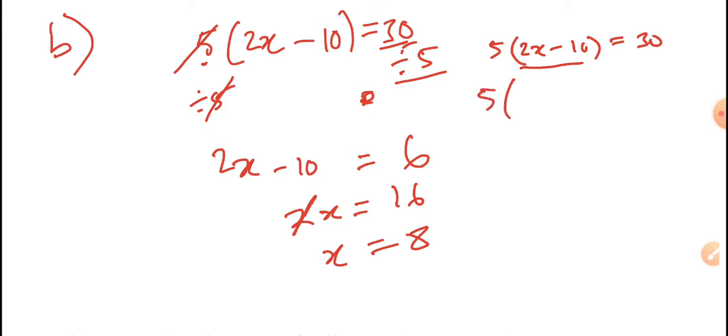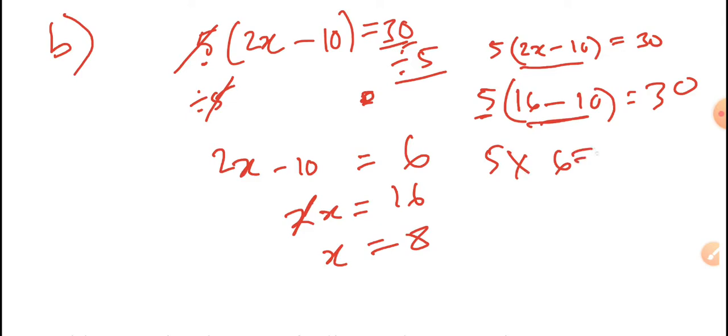So 5 times, with x as 8, 2 times 8 is 16, take away 10, should equal 30. Now what's 16 take away 10? 16 take away 10 is 6. So this bit here is 6. So remember this is 5 times, so 5 times 6 is indeed 30, so we're correct. x is equal to 8.